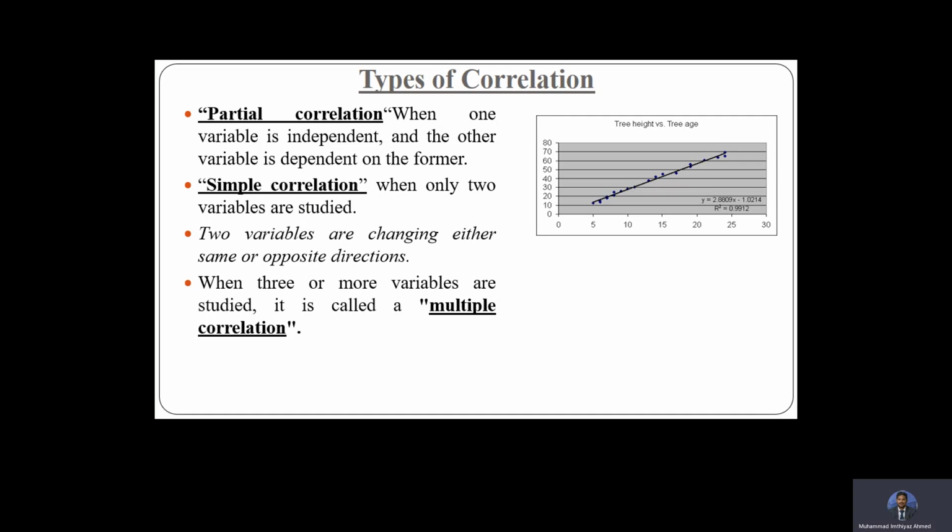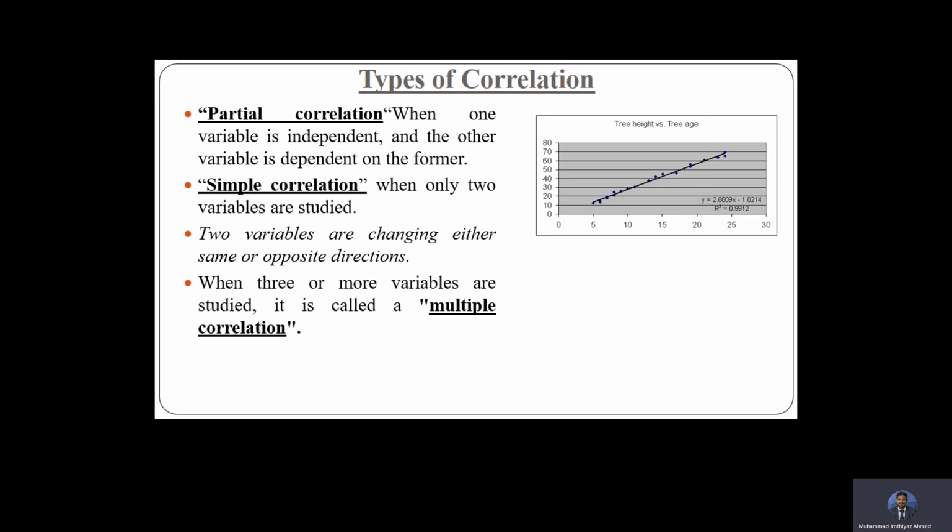Fine. First we studied positive correlation. What is positive? Increase of one leading to increase of another. That's all. Negative: increase of one, decrease of another. Very good. Partial: one is independent, another one is dependent, expecting.